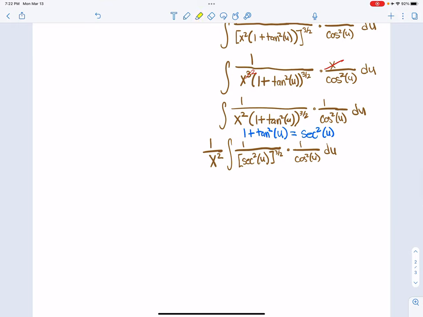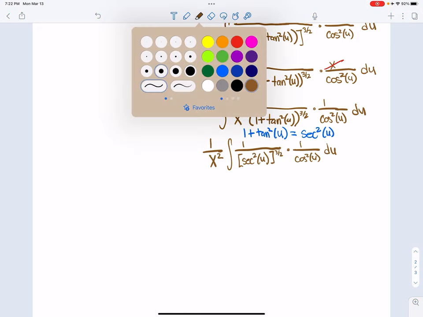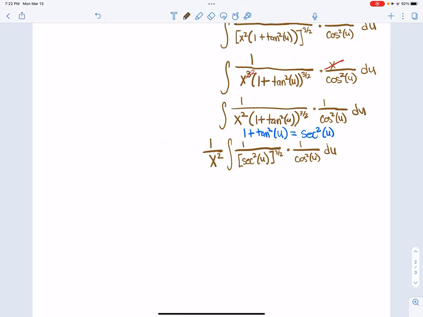And again, if I distribute this power there, my 2 from the secant squared would cancel out with the 2 in the denominator. So I would be left with 1 over x squared, integral of 1 over secant cubed of u times 1 over cosine squared of u du, right?